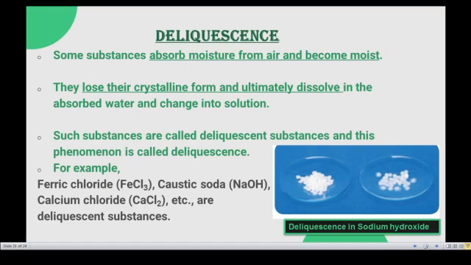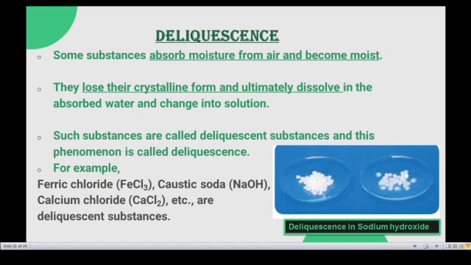Another topic is deliquescence. What is deliquescence? Some substances absorb moisture from air and become moist. If you look at our salt, it absorbs moisture from air and becomes moist when opened.